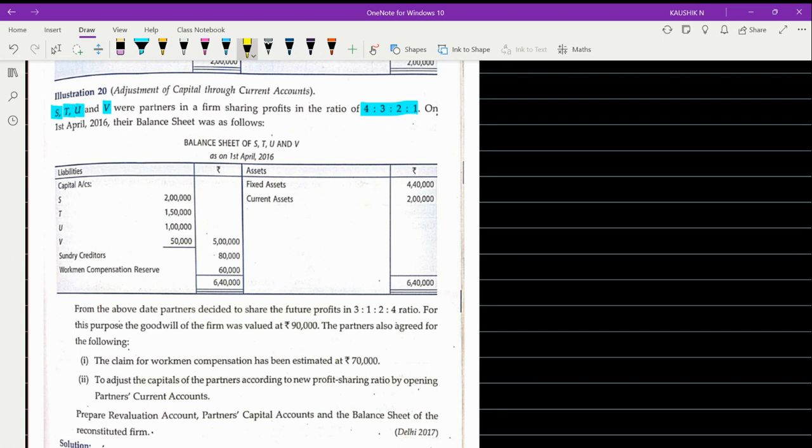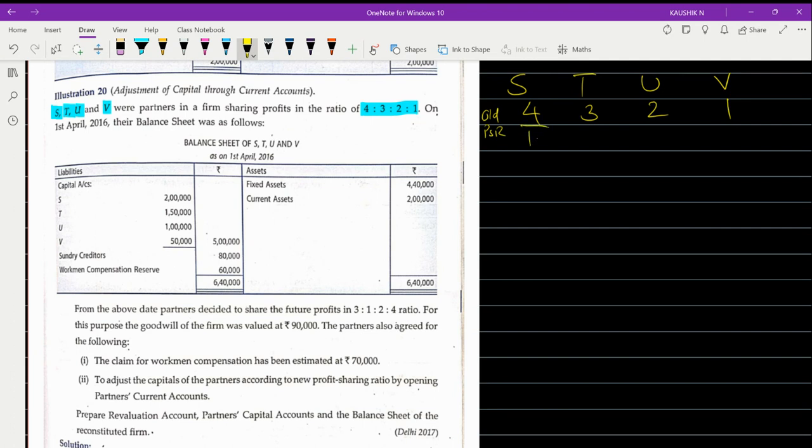So we have got four partners: S, T, U, V. Their profit sharing ratio, that means the old PSR, is given as 4 is to 3 is to 2 is to 1. That means 4 plus 3 is 7, plus 2 is 9, plus 1 is 10.